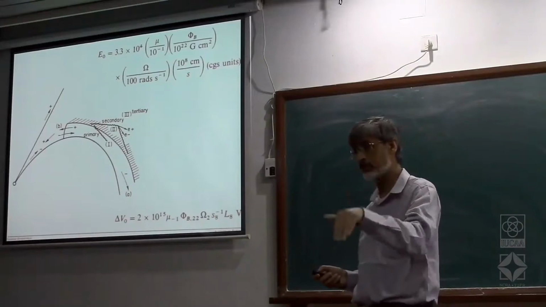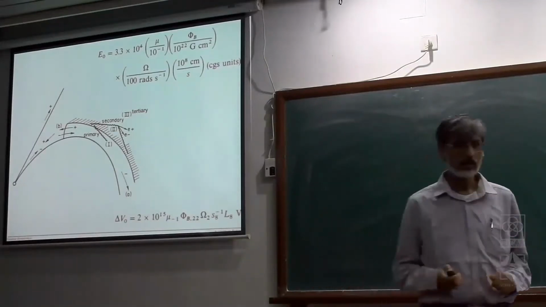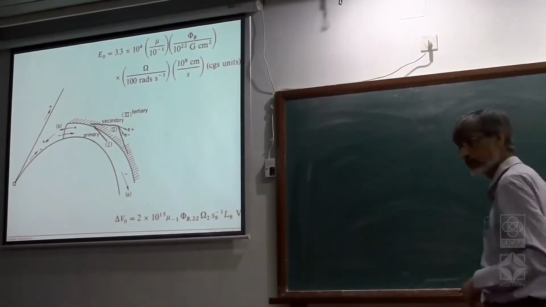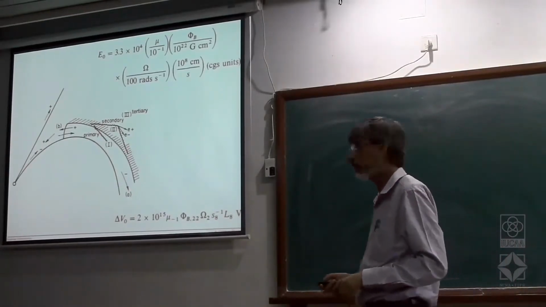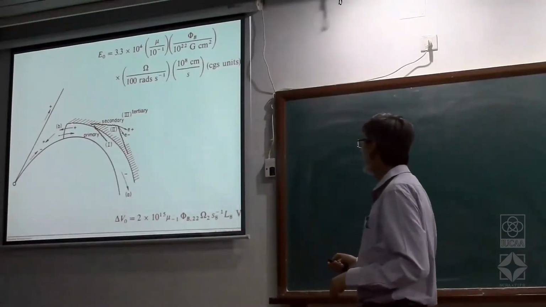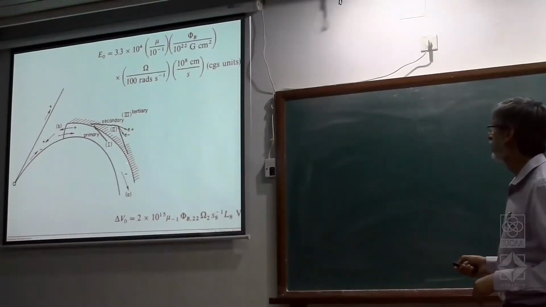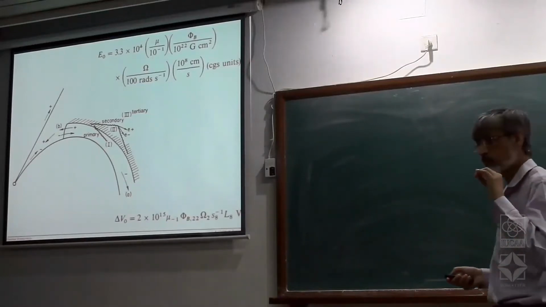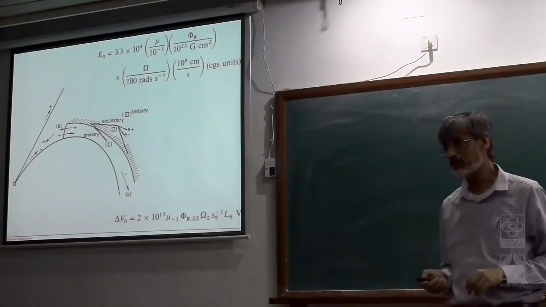Curvature radiation, of course. Then if there is a radiation field present in this region, it can also do inverse Compton. These radiation mechanisms then produce very high energy gamma rays.